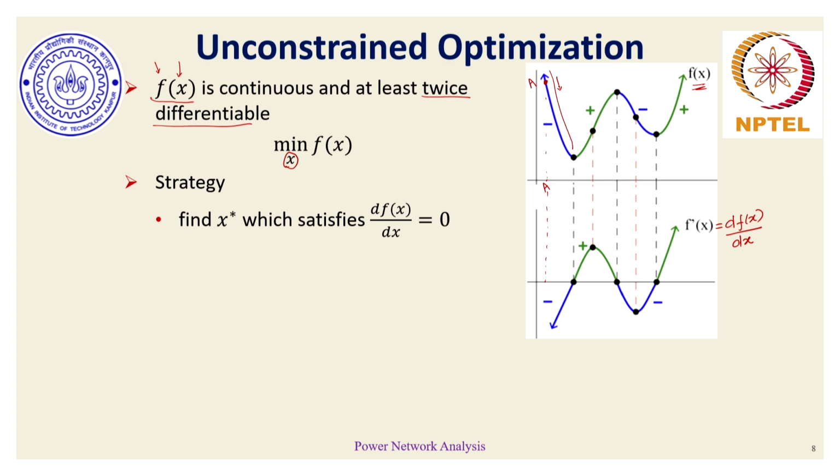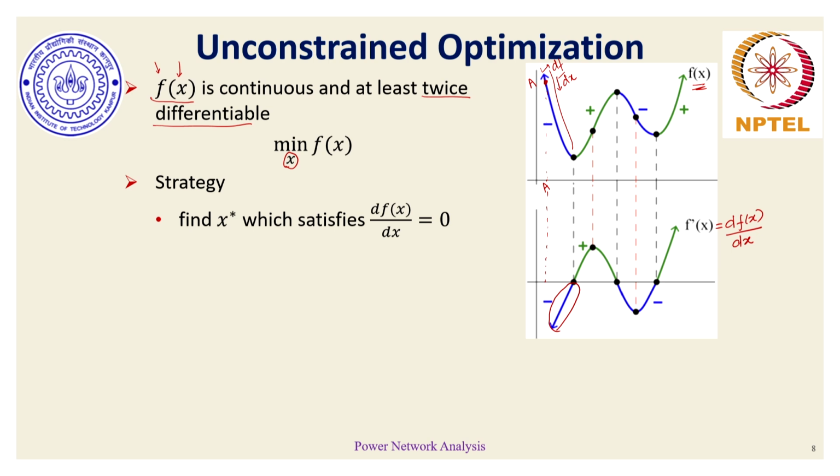If I now draw a line or a tangent at this point a along the function f, then this tangent is nothing but df by dx. Since the function value is decreasing from point a along the tangent, the slope of the function is negative, and that's the reason why for this blue curve the corresponding f prime value or f dash value is also negative.